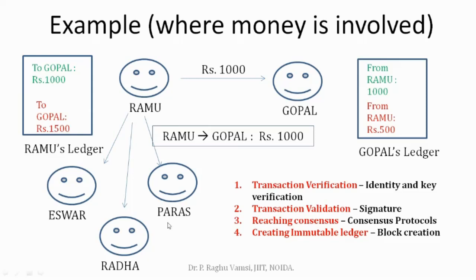So we are supposed to learn how this particular transaction verification will be done, in which identity management, identity verification, or identity validation will be done. Next, how the key verifications will be done should be learned.